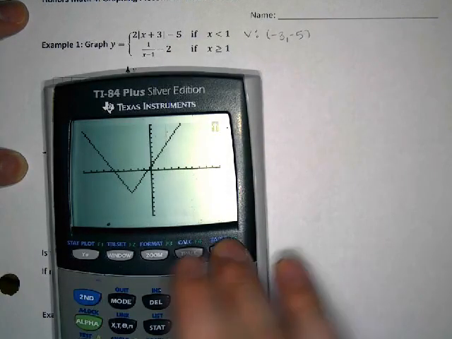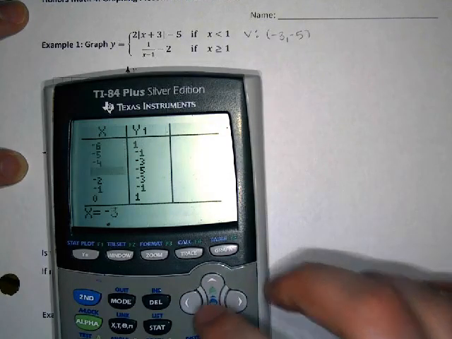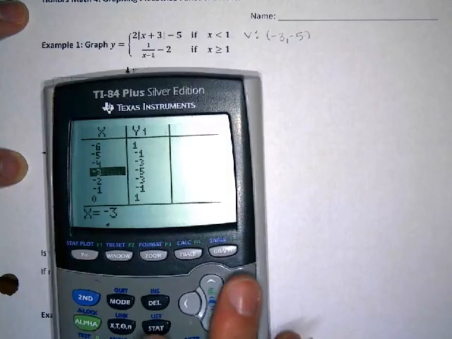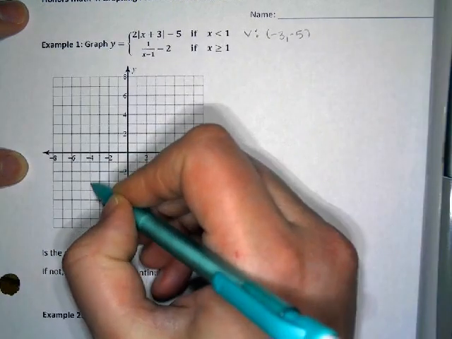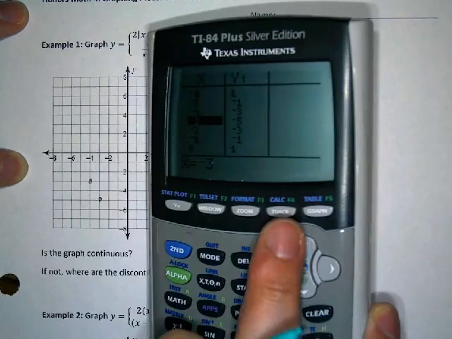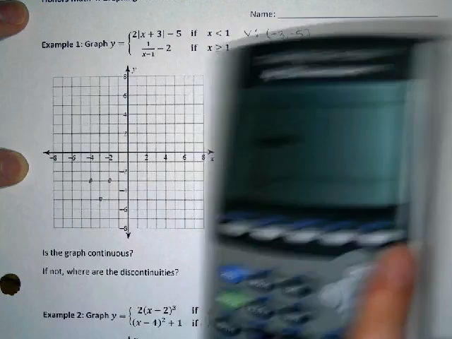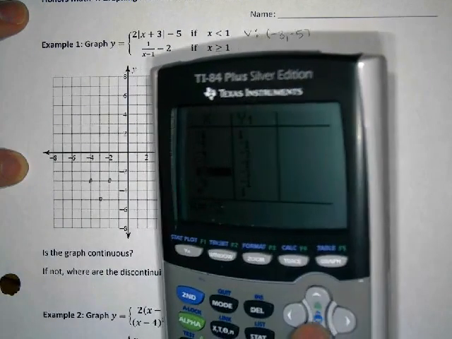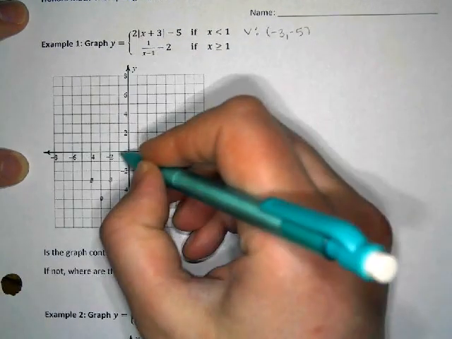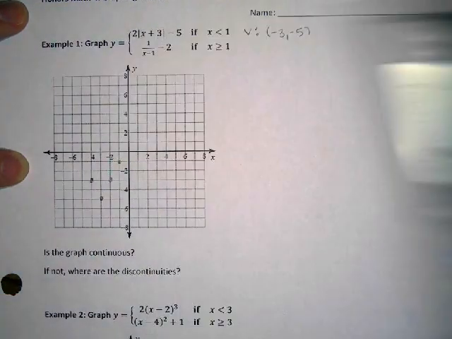Now I'm going to look at the table, and I'm going to look for -3, -5. And I'm going to graph the other points. So -4, -3, -2, -3. -1, -1, 0, 1.